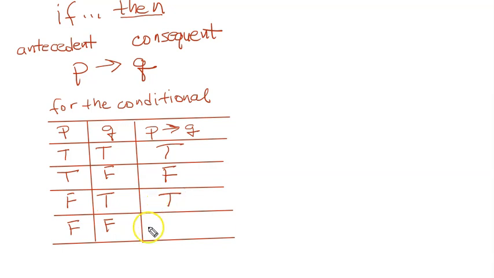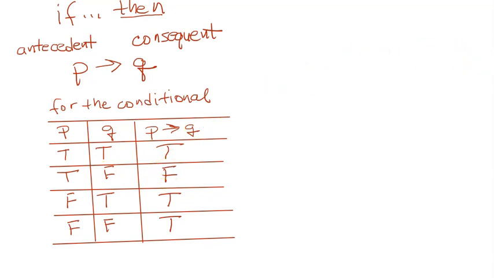And this is kind of an interesting part. If they are both false, the antecedent and the consequent, then it's true. So in summary, the only time the conditional is false is when the consequent is false.